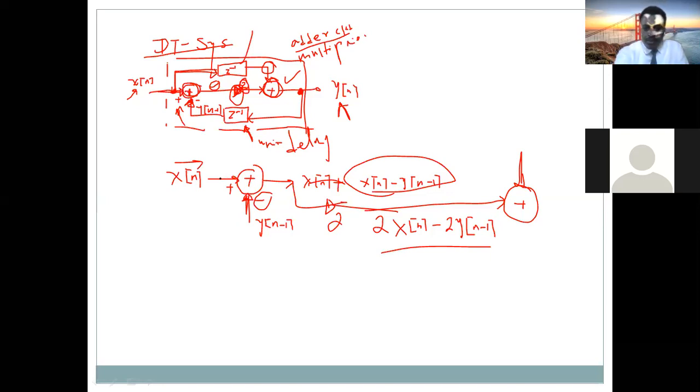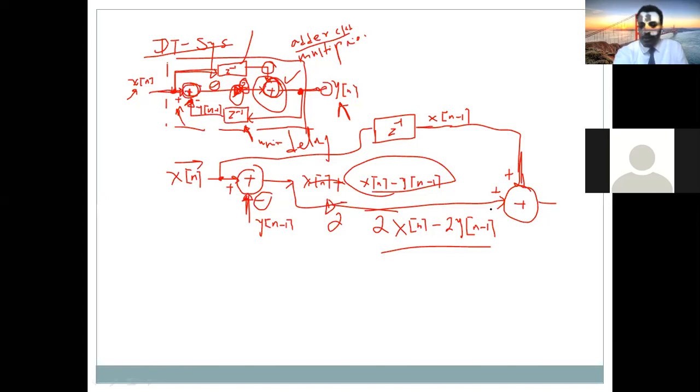The input goes to the delay element, z to the power of minus 1. What will be the output? The input delayed by 1. Then this wire goes to this addition here, plus. Both are plus. So what will be the output of this addition? The output of this adder is our output here.